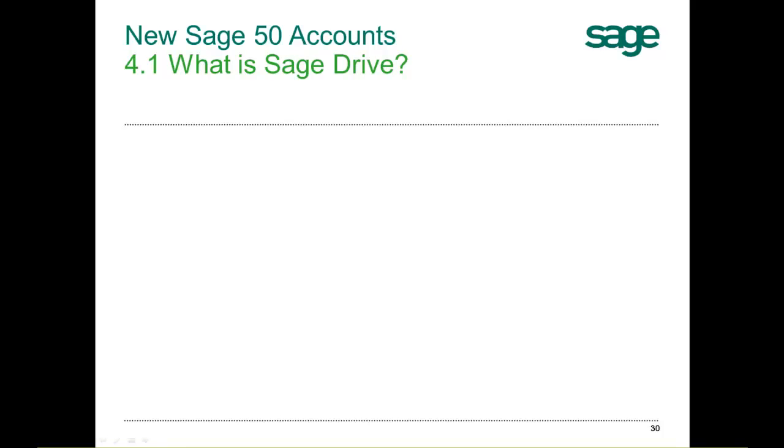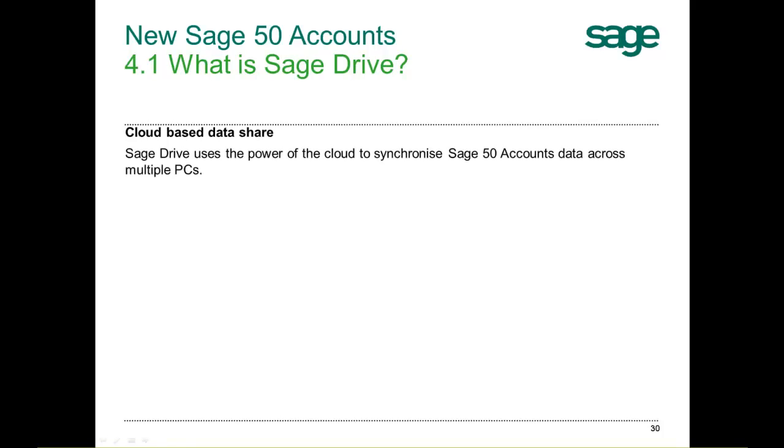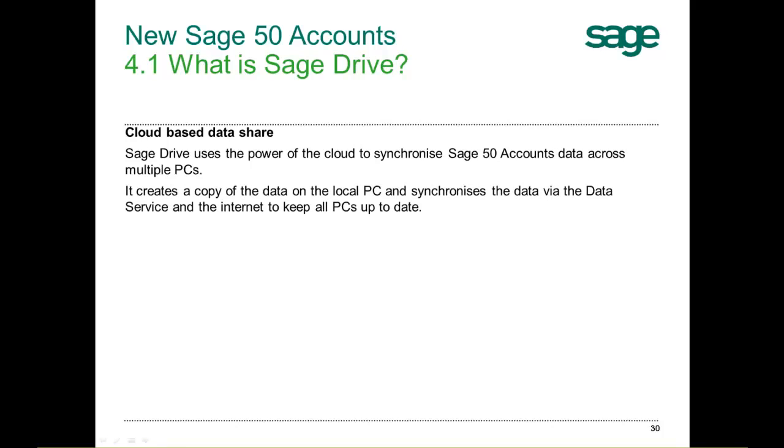So what is Sage Drive? Now, Sage Drive is a cloud-based data share system, and it will use the power of the cloud to synchronize data across multiple PCs to make it as if you are in the same office as the client. It creates a local copy of the data on the PC and uses the data service to update any changes that anyone makes to each other's clients.